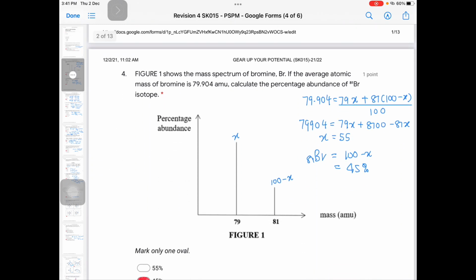Okay, figure 1 shows the mass spectrum of bromine. If the average atomic mass of bromine is 79.049 AMU, calculate the percentage abundance of bromine 81.